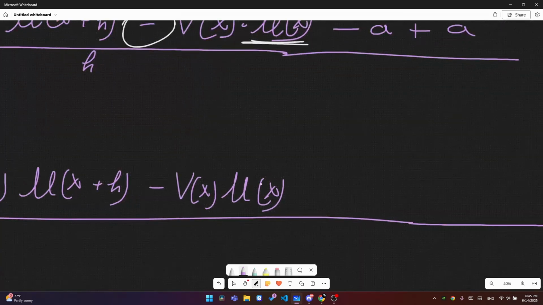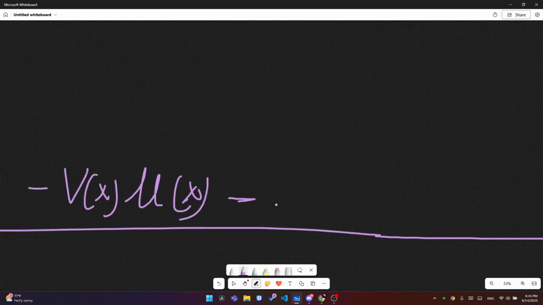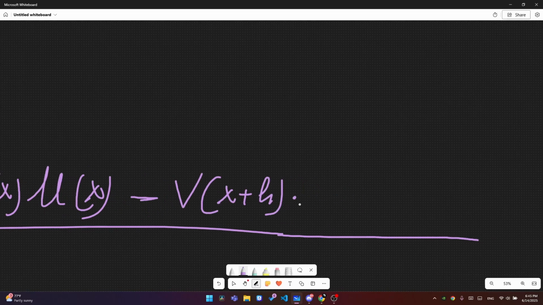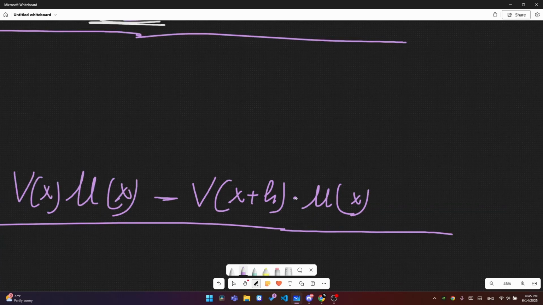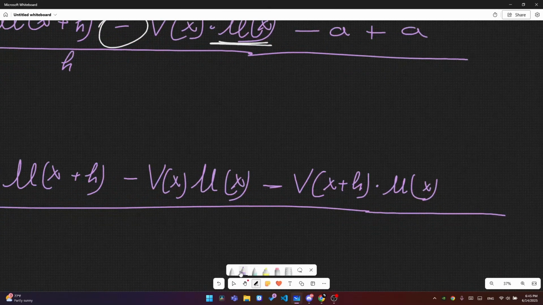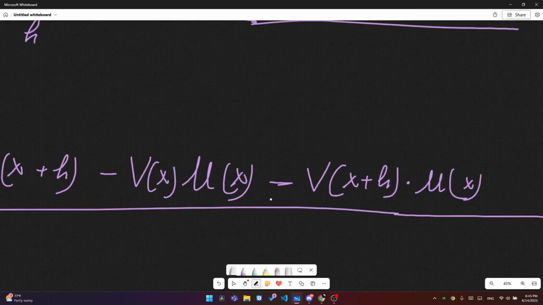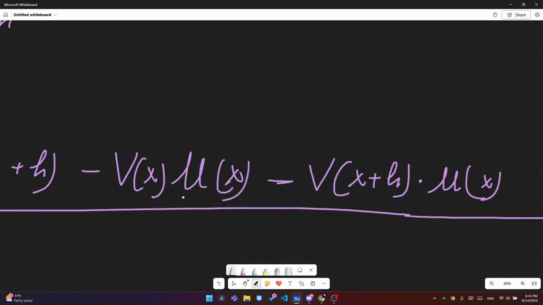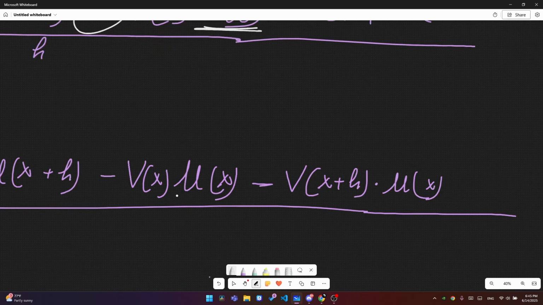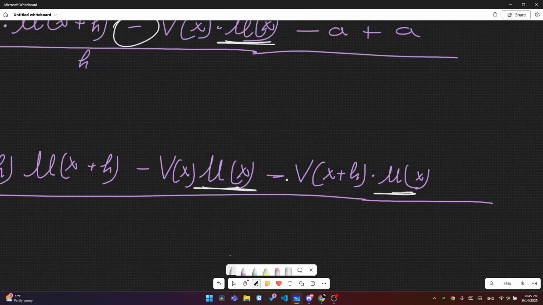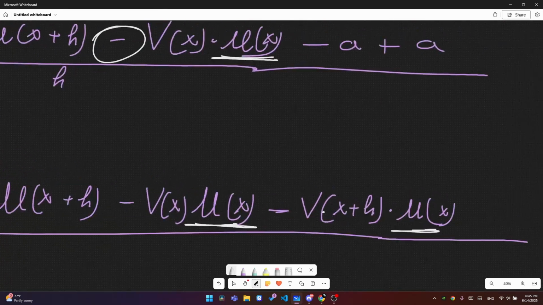So right here I can go with something like v of x plus h multiplied by u sub x, which means I can technically factor out the u sub x for these two and get this expression right here, the derivative of v.